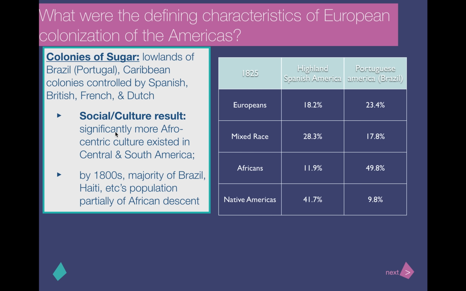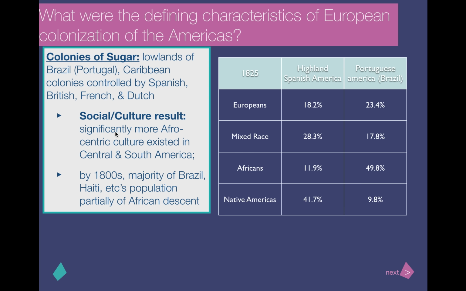Take a look here. If you compare Spanish America, the region we spoke about of former Aztec and Inca lands, to Portuguese America, you can see here that up to 50% of the population was of African descent, or wholly African in their descent. So we can see the massive influx of enslaved labor coming from Africa in these Caribbean and Portuguese regions of Brazil.